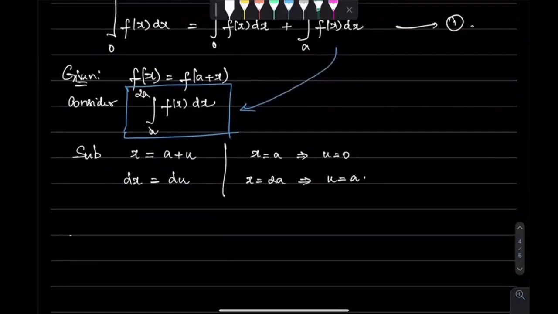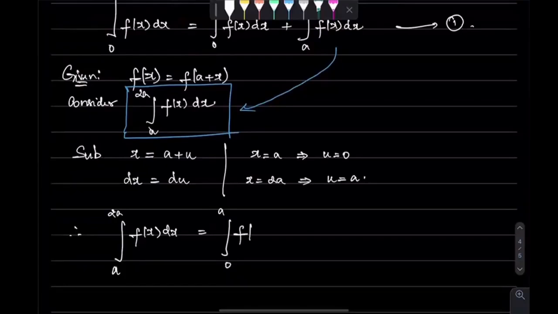So therefore, a to 2a f of x dx becomes, I'm going to change it completely, the limit becomes 0 to a, f of a plus u du. But f of a plus u is actually the same as f of u, so it is f of u du, which is the same as f of x, since you can change the variable also.